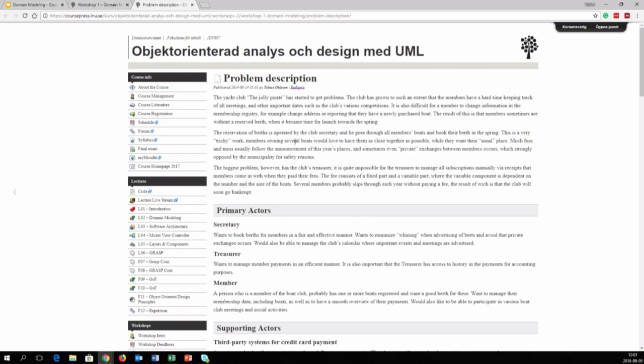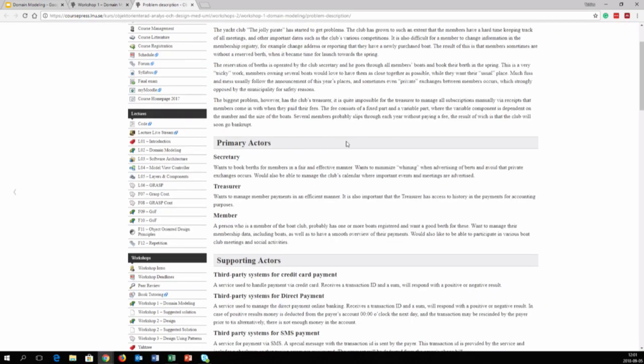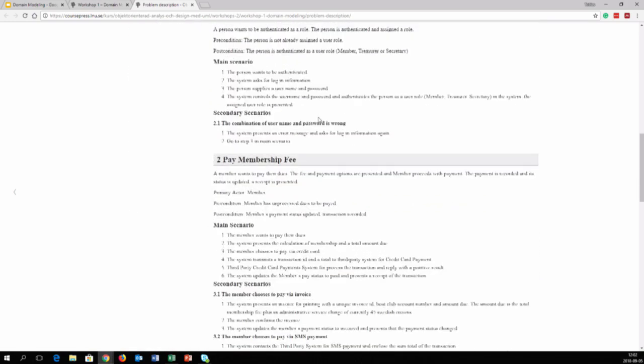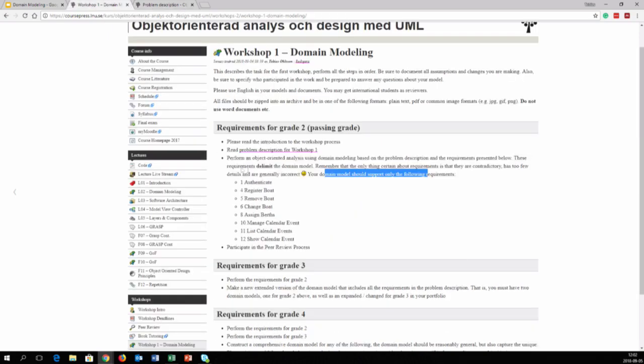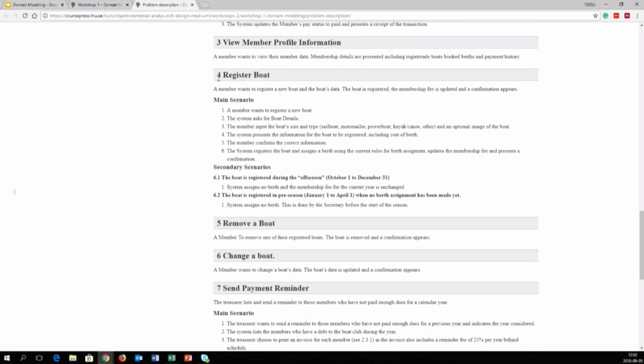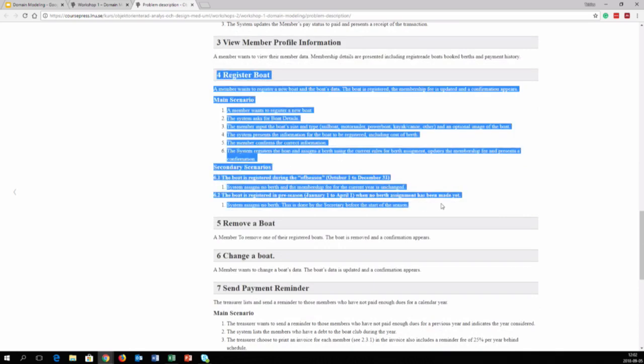So here you have the problem description, you have some actors, some supporting actors, some offstage actors, and then you have the use cases. So for example, register boat. So this requirement should be fulfilled by your domain model.